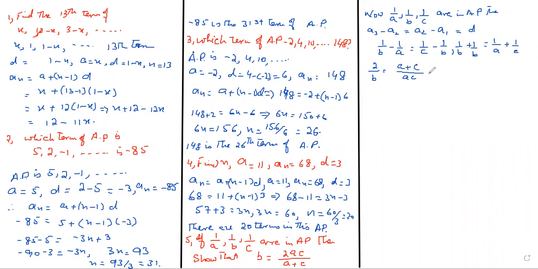Now just taking the reciprocal, on the left hand side, it will be b over 2 equals to ac over a plus c. This implies b equals to 2ac over a plus c.